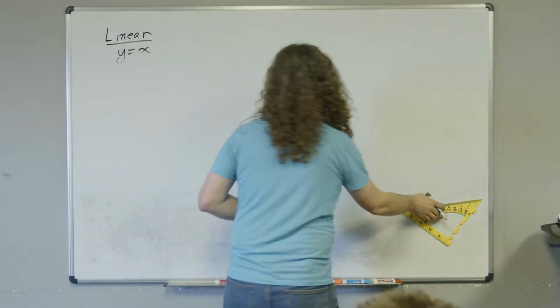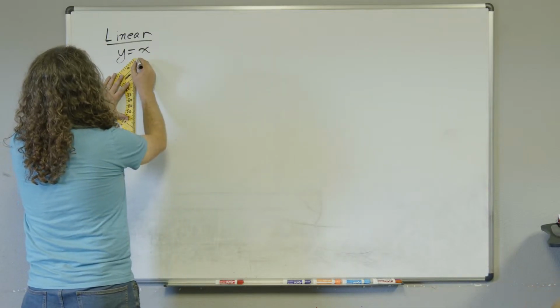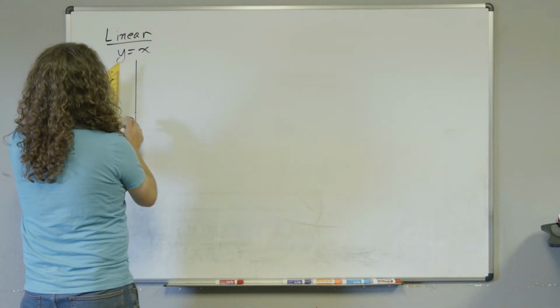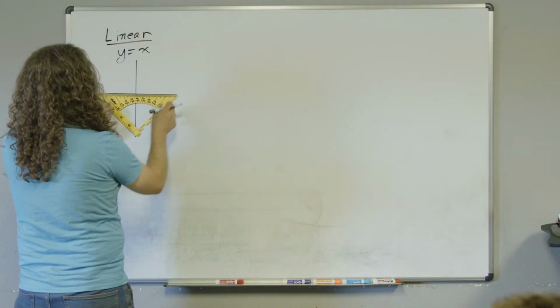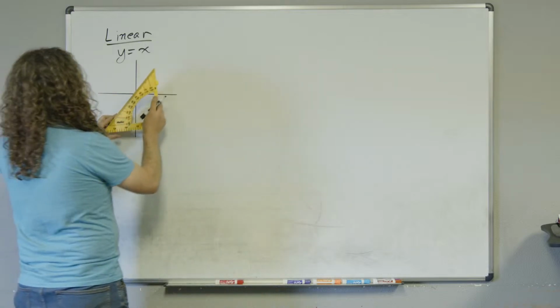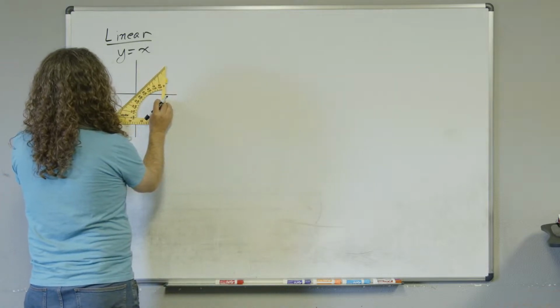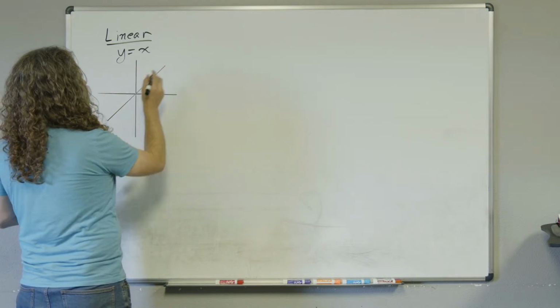And it looks real simple, right? It's a straight line with its y-intercept being at 0, 0, and its slope being 1 over 1, right? And so it looks just like this. That's a linear parent function.